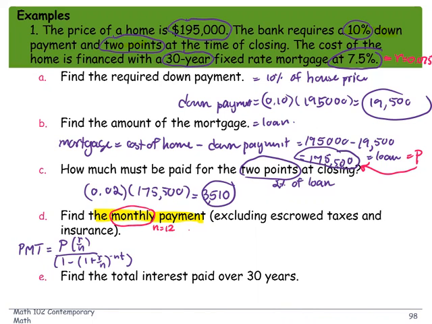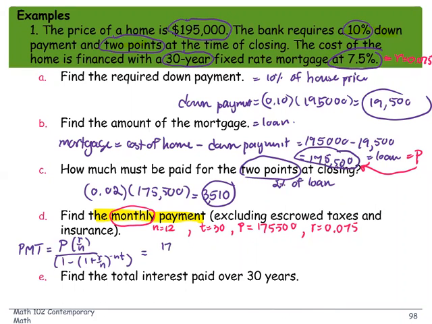And T, the total time of the loan, would be 30. So we have N equals 12, T equals 30. P, the loan or the mortgage, is 175,500. R equals 0.075. We get all the numbers and then we just replace the variables in the formula.